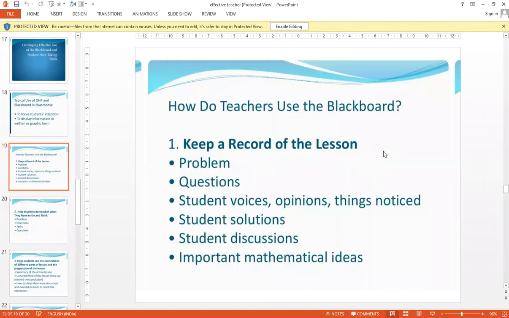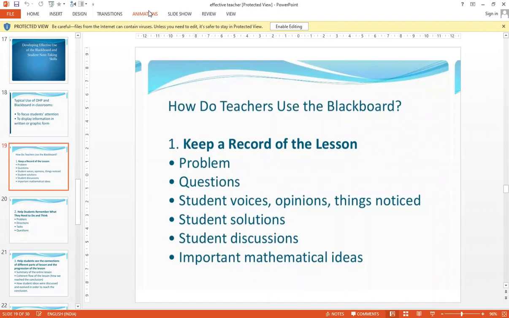Number one, keep a record of the lesson. Keep a record of the lessons, that is problems, questions, students' voices, opinions, things noticed, student solutions, students' discussions, important mathematical ideas.